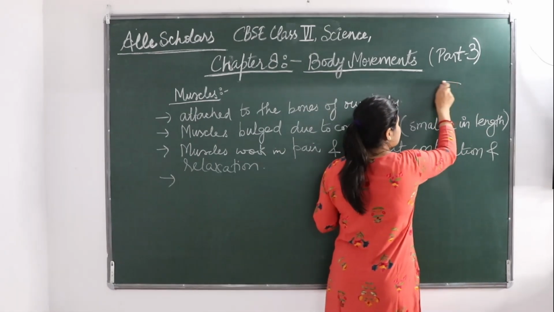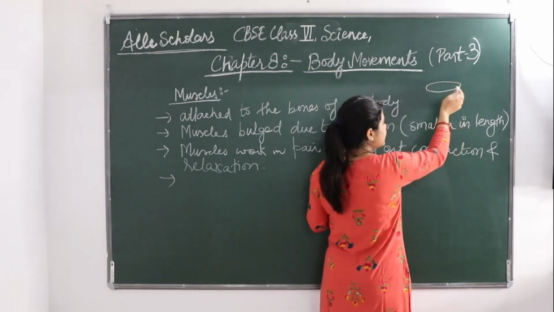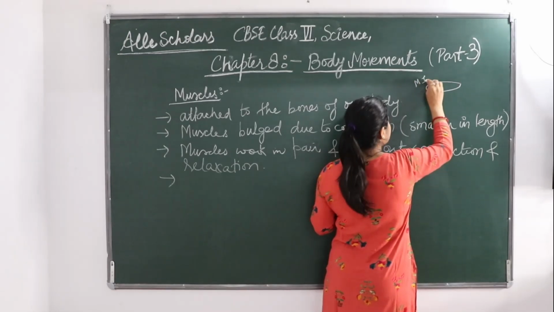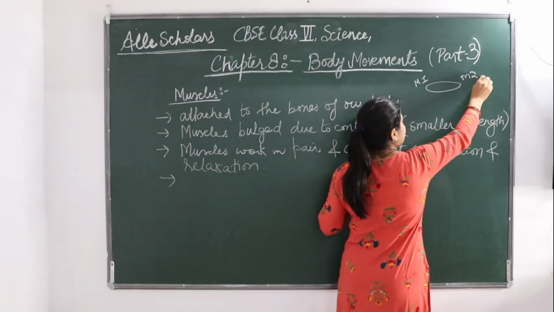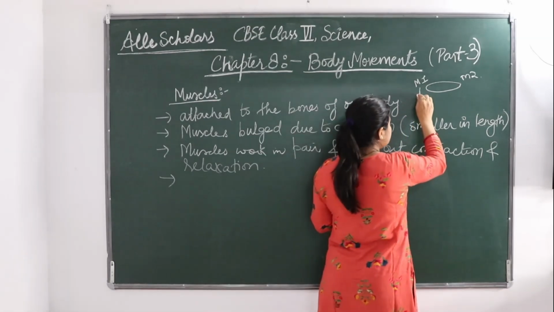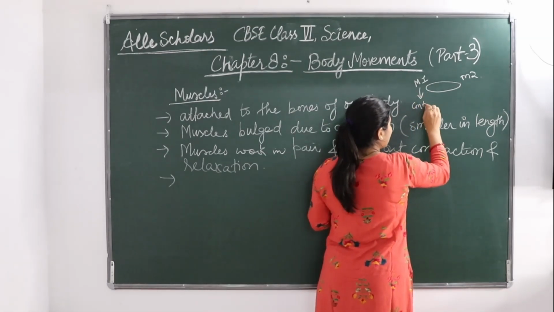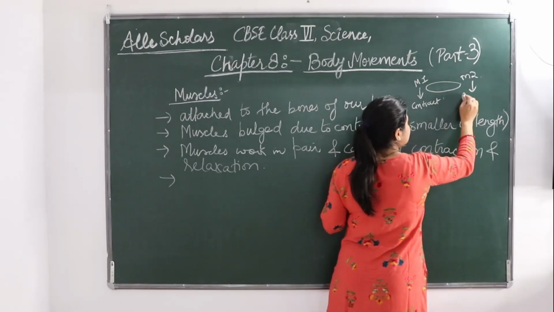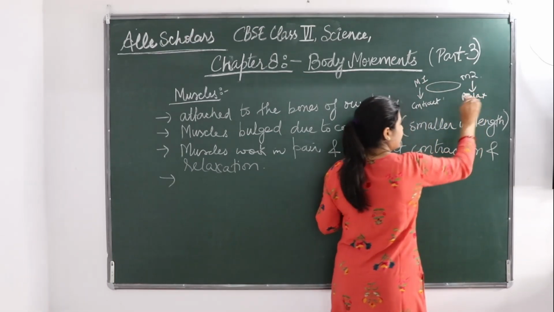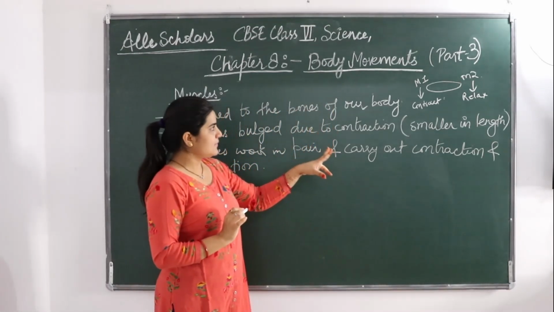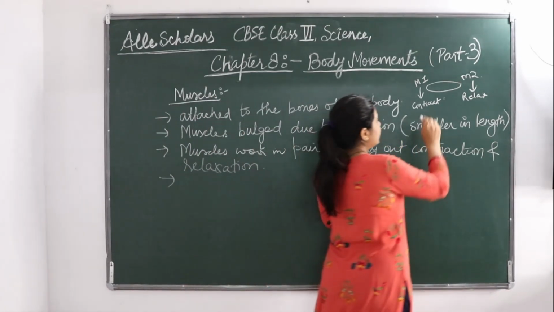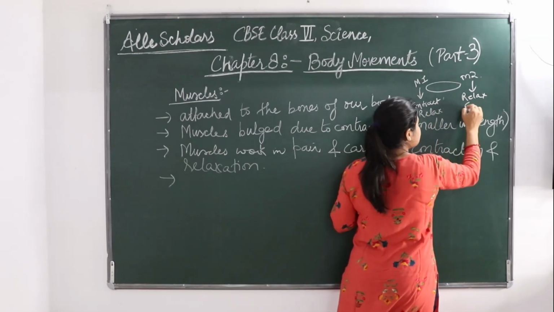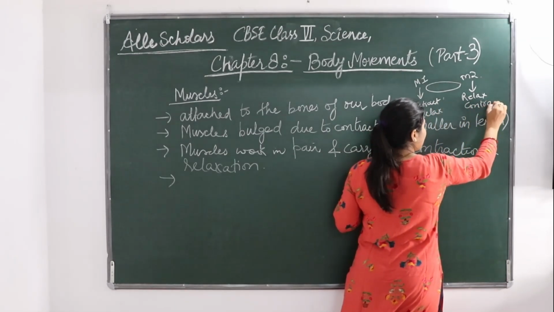Okay? So suppose this is a bone and you have to move this bone. Suppose this is muscle 1, this is muscle 2. Firstly, muscle 1 is going to contract. When muscle 1 contracts, muscle 2 will relax. Now muscle 1 is going to relax, and muscle 2 is going to contract.